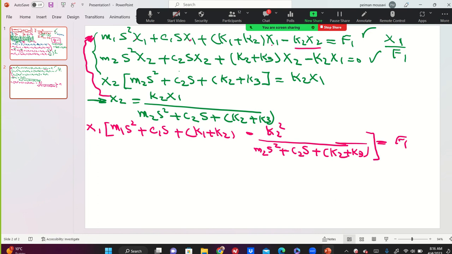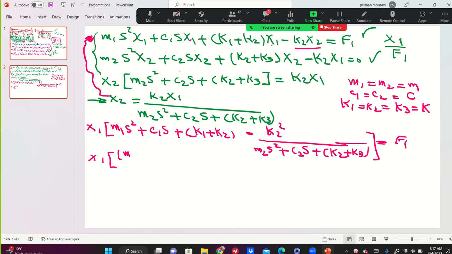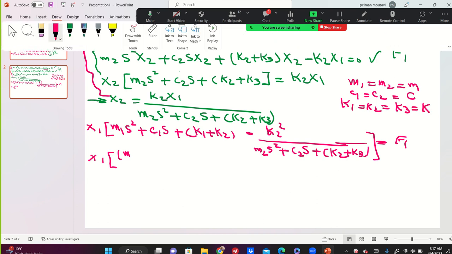So your x1 gonna be this by this. Let me say for simplicity, m1 is equal to m2 is equal to m, c1 equals c2 is equal to c, k1 is equal to k2 is equal to k3 is equal to k, because we are deriving together.